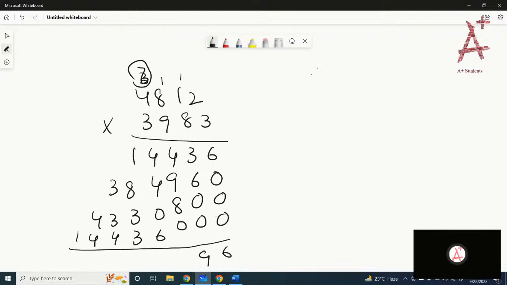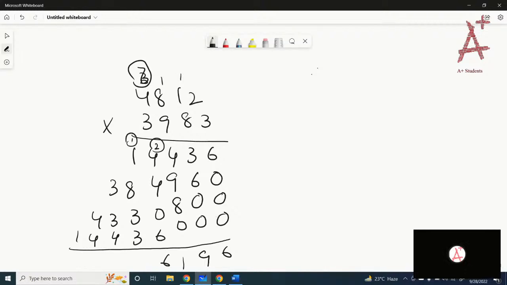6 plus 3 is 9. So 9 plus 8 plus 4 is 21, 1 and 2 carry. And then you have 2 plus 4 plus 4 plus 6 and it makes 16, 6 and 1 carry.